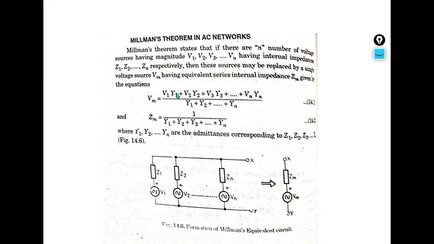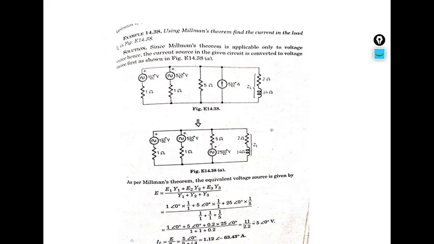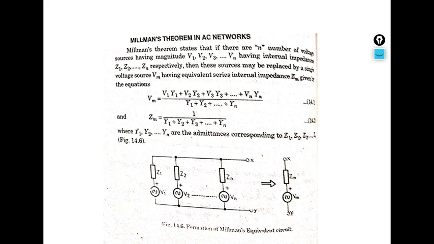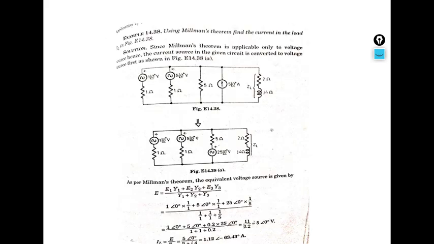You can see that here Y1, Y2, Y3 is used, not G, because this is not only resistance. Though in this problem only resistances are used, it may happen that impedance is present, so you will convert it into admittance. So you can solve the problem.